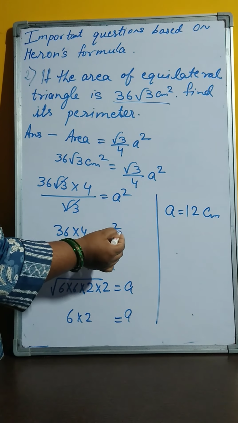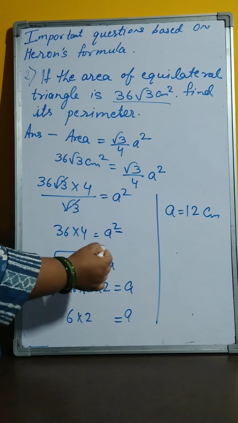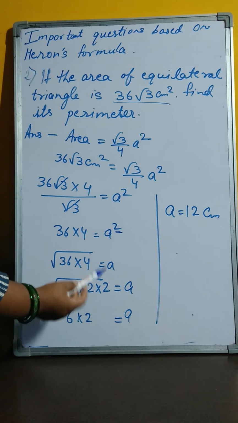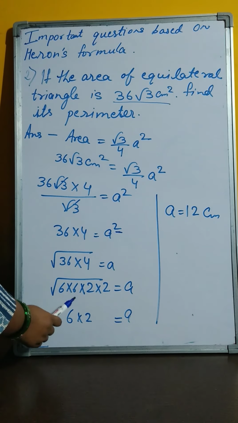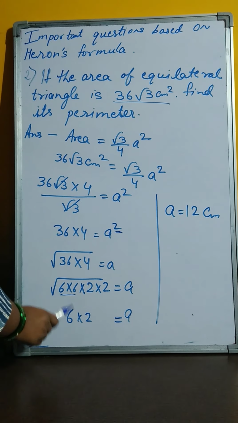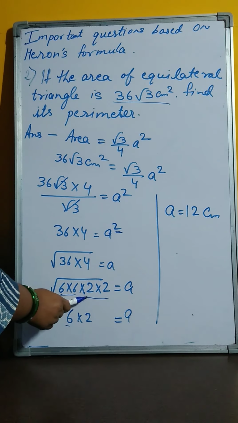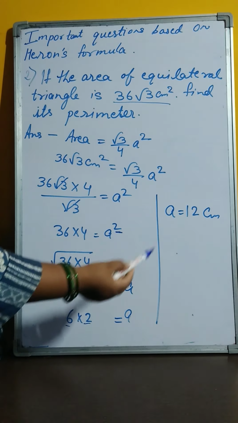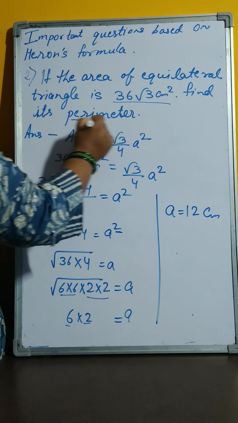By removing this square sign from this side we will get the square root of 36 into 4. 36 can be written as 6 into 6 and 4 can be written as 2 into 2. So from these two 6s, one 6 will come out, and from these two 2s, one 2 will come out. So a will be 12 centimeter. Now we have to find the perimeter.